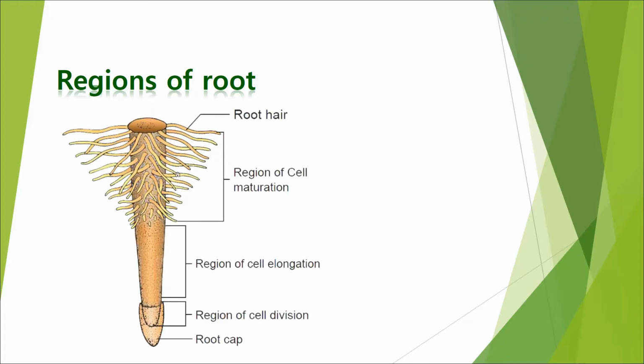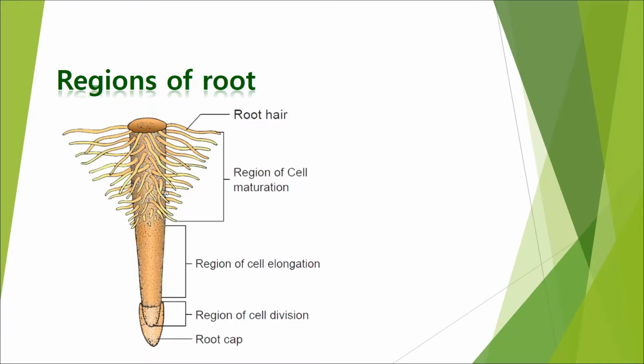There are 3 distinct zones in the root tip. They are the meristematic zone, the zone of elongation and the zone of maturation. The tip region is called the meristematic zone or the region of cell division. The next region is called the region of cell elongation.